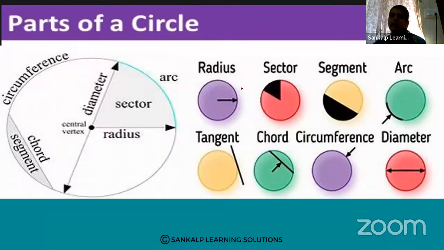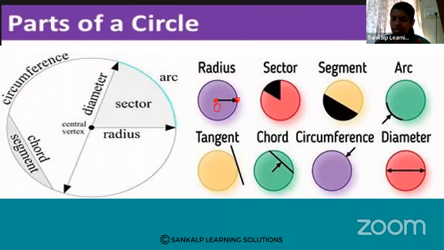Next comes parts of a circle. This is very, very important. In one circle, we are going to observe so many parts. One is radius. Radius means what? This is the center of the circle, and this is one point on the circle.